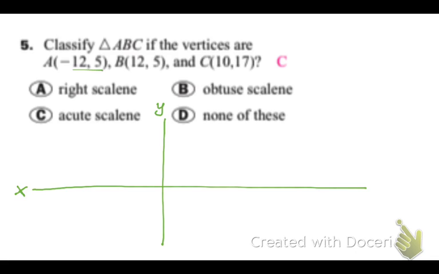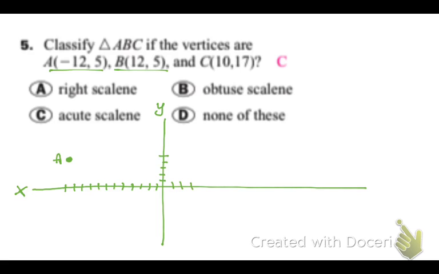So A is negative 12 in x and 5 in y. So 1, 2, 3, 4, 5, 6, 7, 8, 9, 10, 11, 12. Okay, we're there. And then we go up 5: 1, 2, 3, 4, 5. B is positive 12, 5.